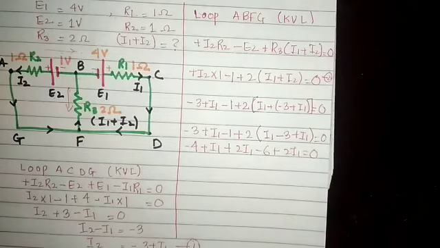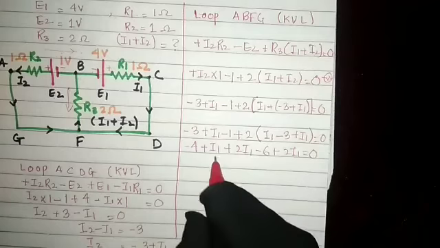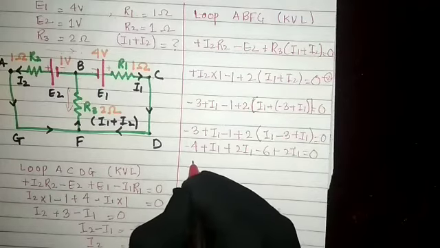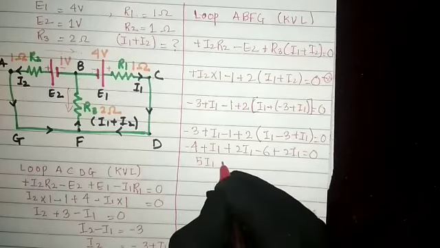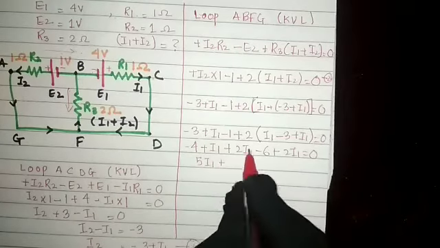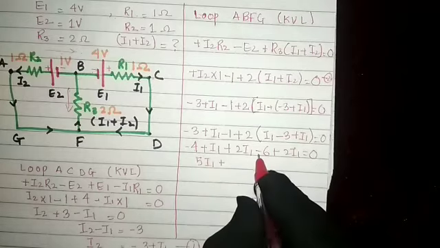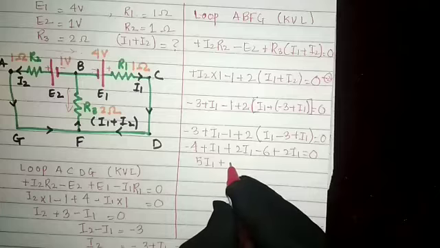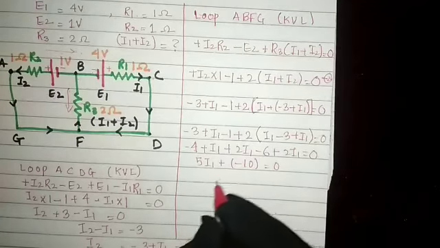So finally, I1 plus 2 I1 plus 2 I1, so it will be 5 I1, plus minus 4 minus 6, that is minus 10, is equal to 0.